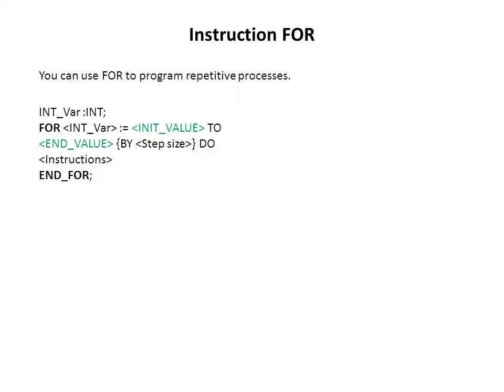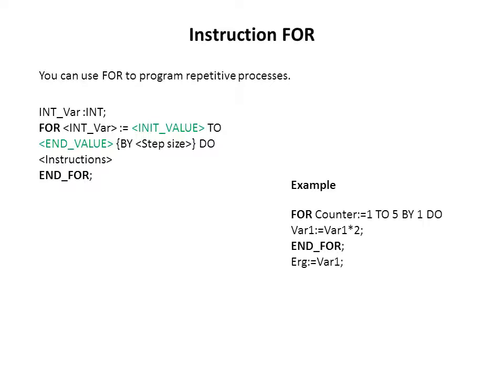So whenever instructions are executed, the value of the init value is incremented by the step size. Step size can take any integer value. By default, the step is set to 1. For example, this is the program, or part of a program, using the FOR instruction.